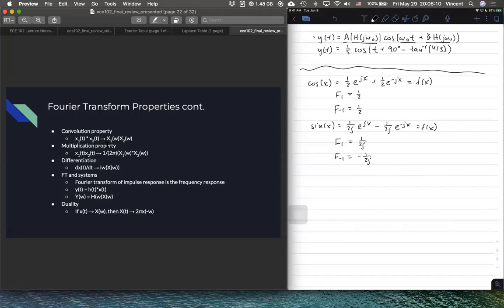Moving between the time and the frequency domain, in either direction, produces very similar properties. Differentiation, also mentioned this already. And then duality, as I said, you can move between the two, and it's the same either way.